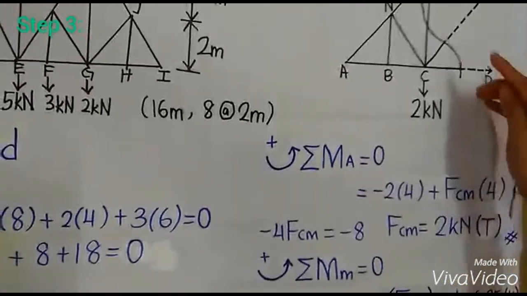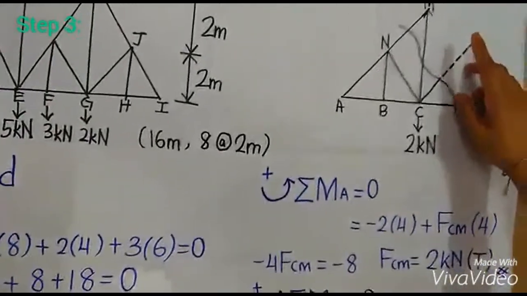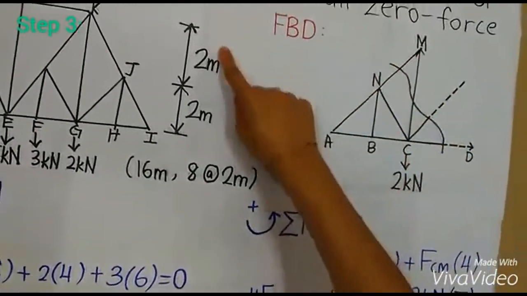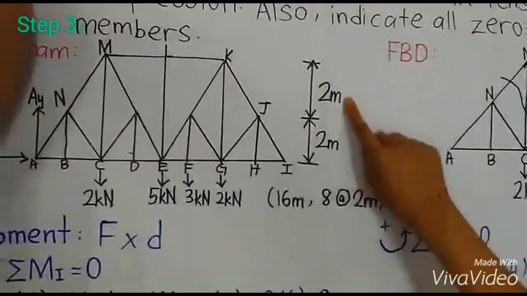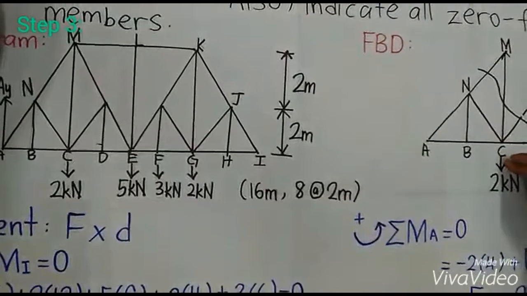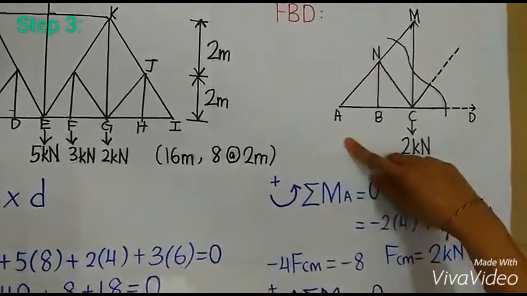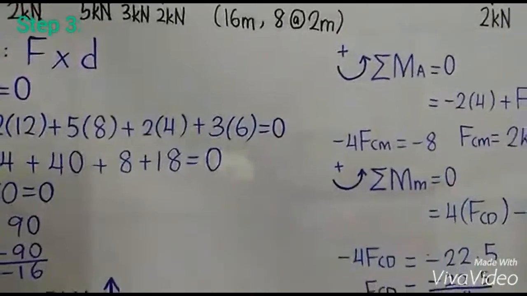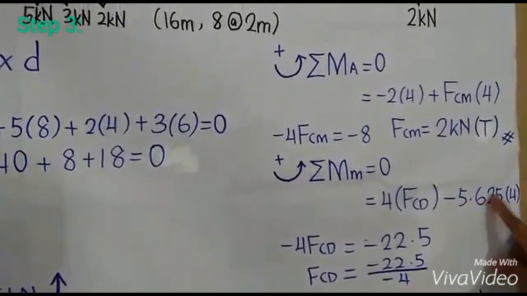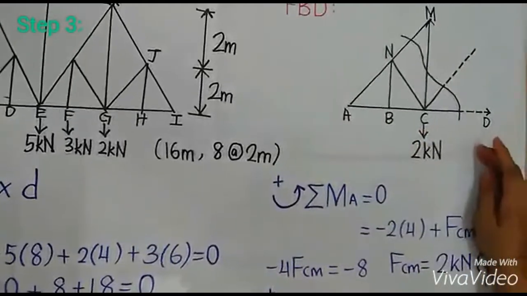Then the calculation will be 4, which is the vertical distance, multiplied by the force CD, minus AY, 5.625, multiplied by 4.